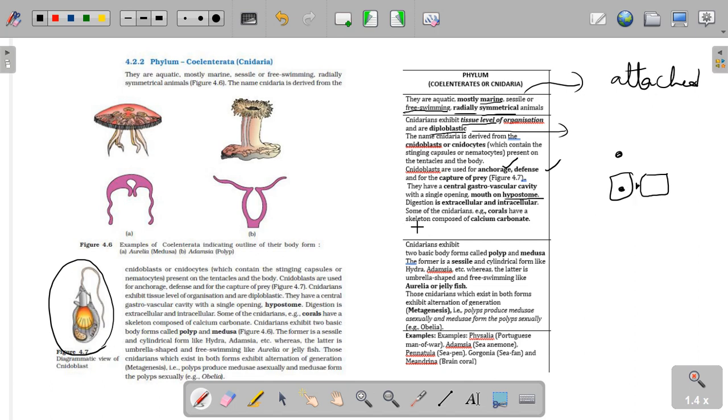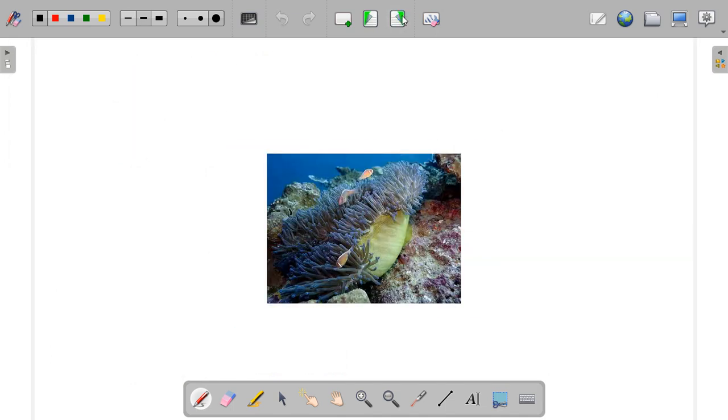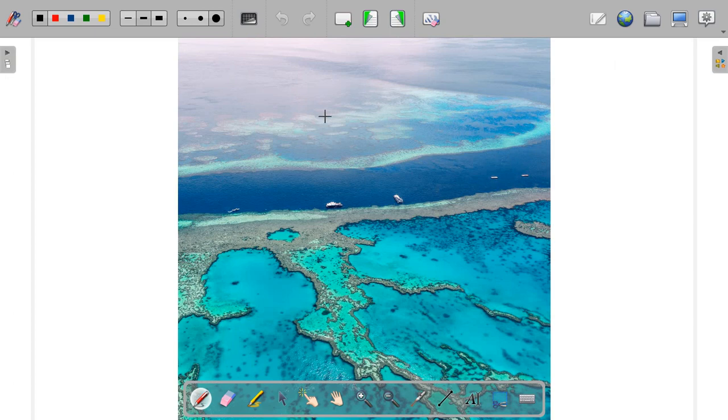Some of the cnidarians form a kind of structure called corals. Let me show you the corals, how they look. I want all of you to observe this one. This is a stretch of corals in the ocean.